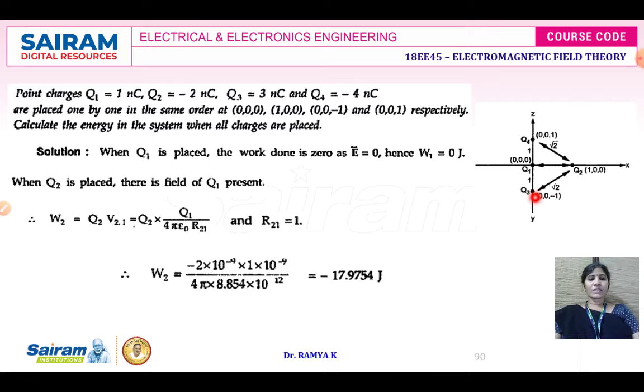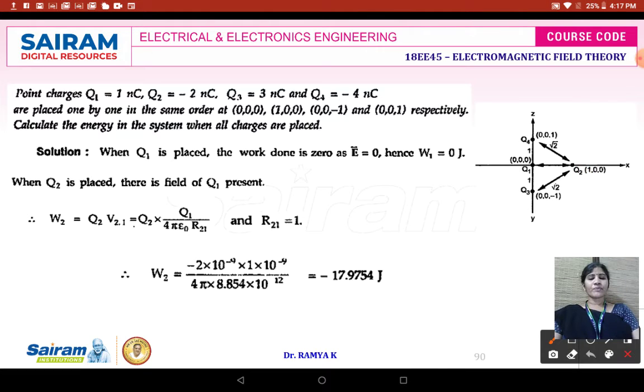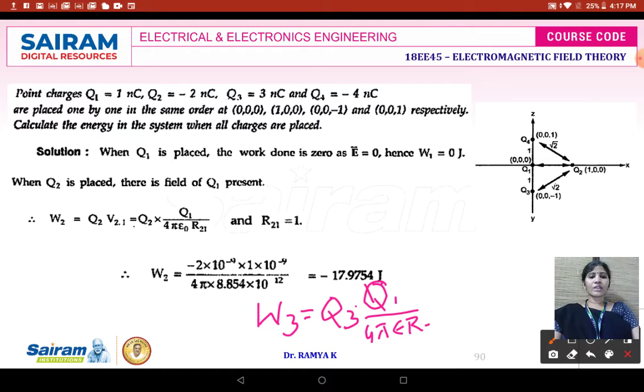Similarly, when you place Q3, Q1 and Q2 are available. Therefore, Q3 will be equal to W3. The work done W3 is equal to, you are moving the charge Q3 in the presence of Q2 and Q1. Therefore, Q3 into Q1 divided by 4 pi epsilon R31 plus, again you are moving charge Q3 in the presence of Q2.